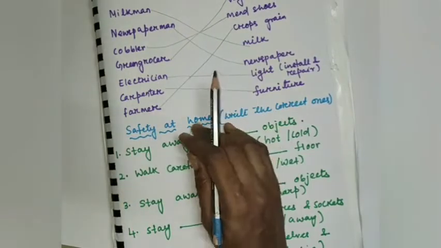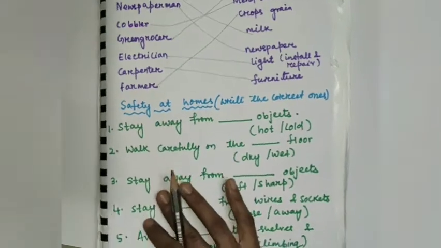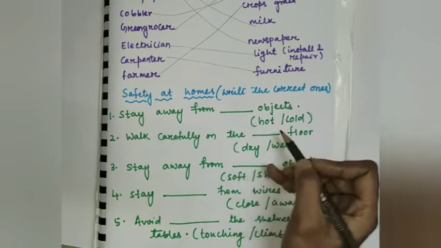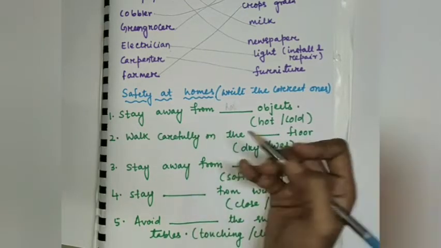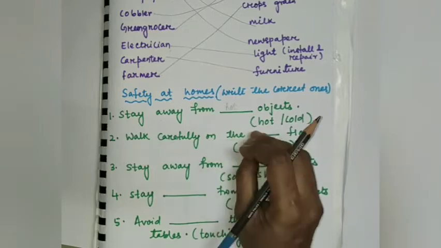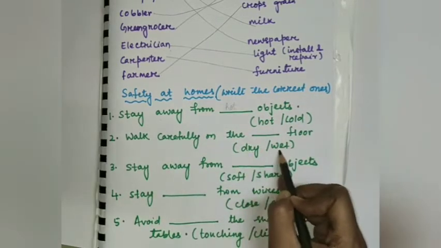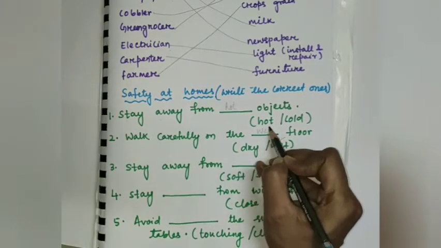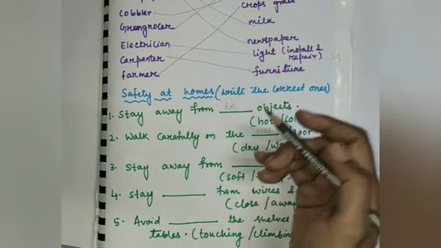And safety things at home. We should follow all these things while we are staying at home. So what are they? Stay away from hot objects, because if we touch hot objects we'll get hurt. Then walk carefully on dry or wet floors, because if we are in a hurry, there is a chance of falling down.